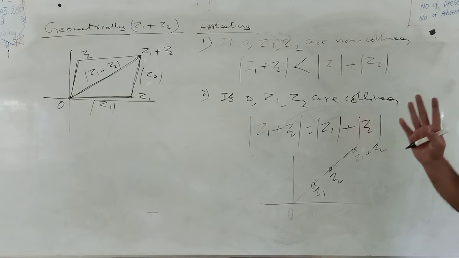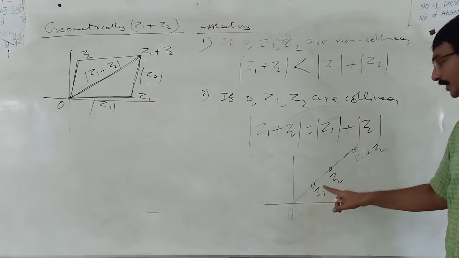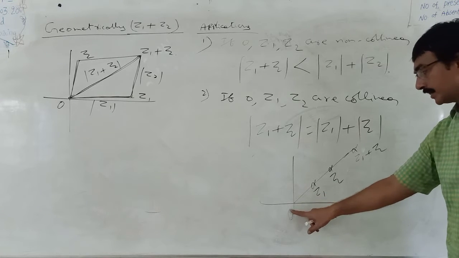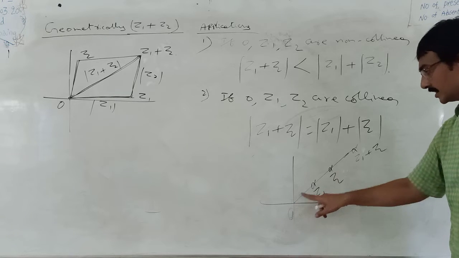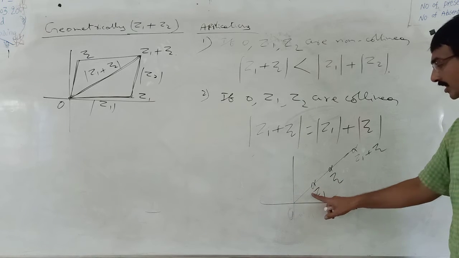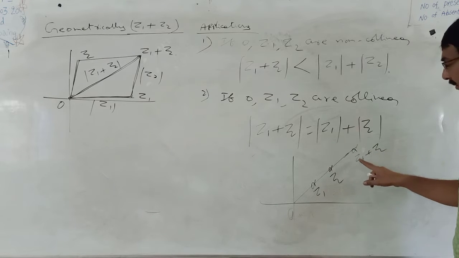Take any two collinear complex numbers. Suppose origin, 1 comma 1 and suppose 2 comma 2. This is the line y equal to x. 1 comma 1, 2 comma 2. Find Z1 plus Z2: 3 comma 3.